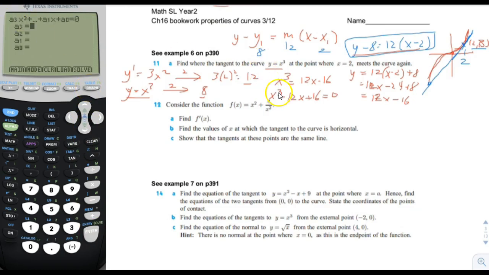And then we give it all the coefficients. The first coefficient is an invisible 1 here. The second coefficient is an invisible 0, because there's no x squared term. Then there's negative 12, and then there is a 16. And we'll say solve. So the three roots are negative 4, 2, and 2.